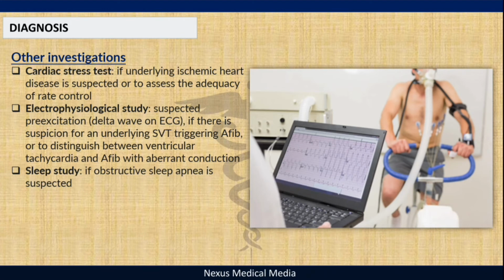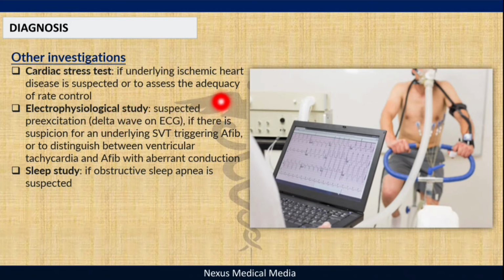Other investigations include cardiac stress testing, right? So this is if underlying ischemic heart disease is suspected, or to assess the adequacy of rate control. Electrophysiological study.